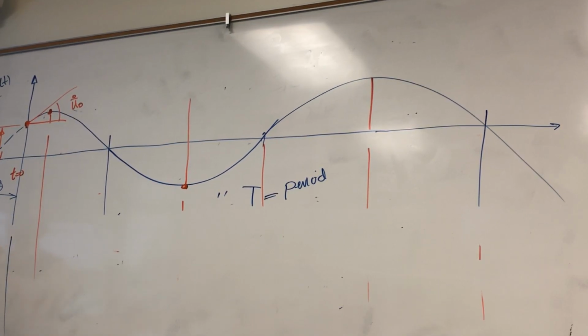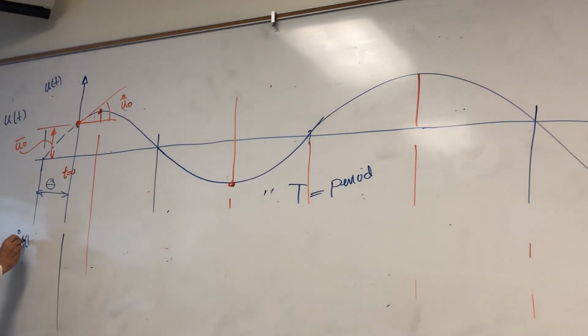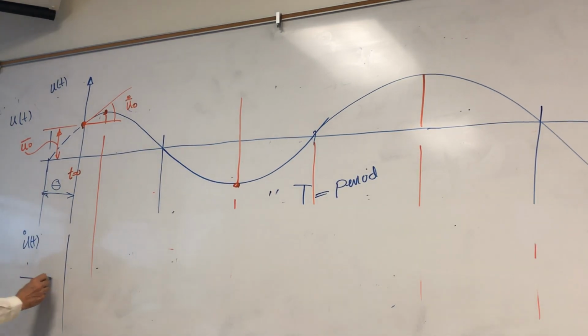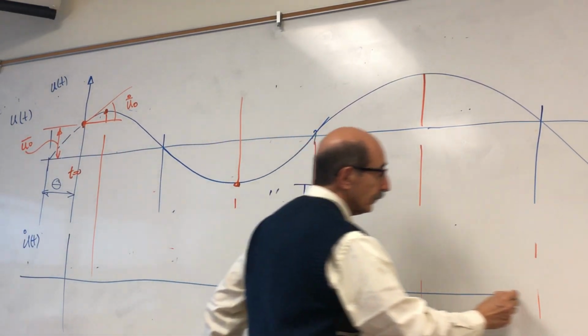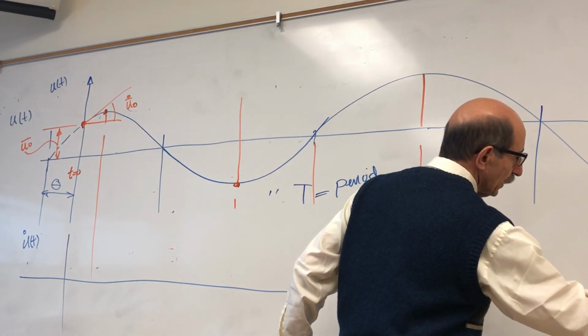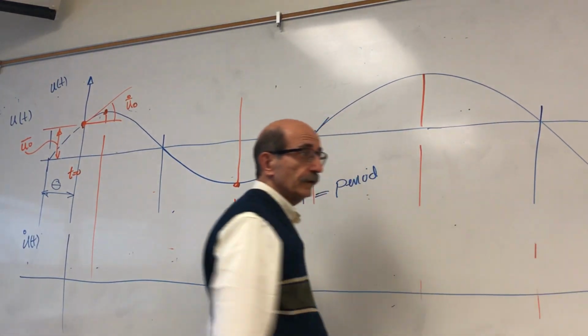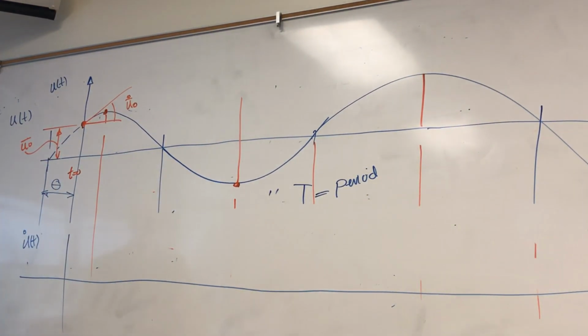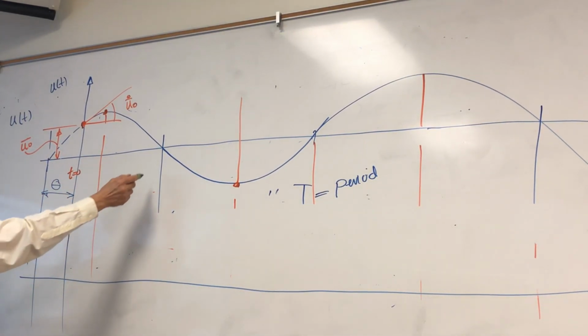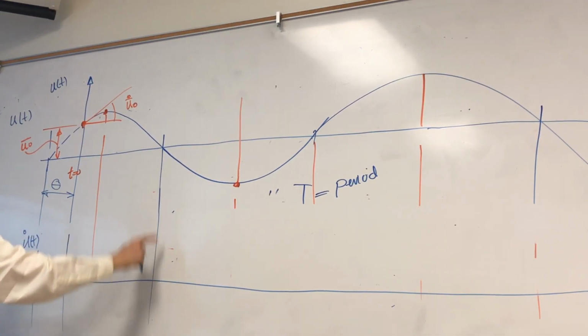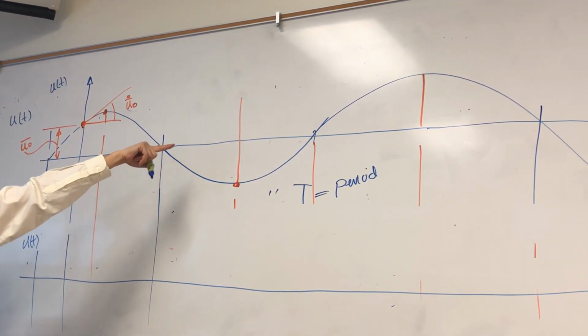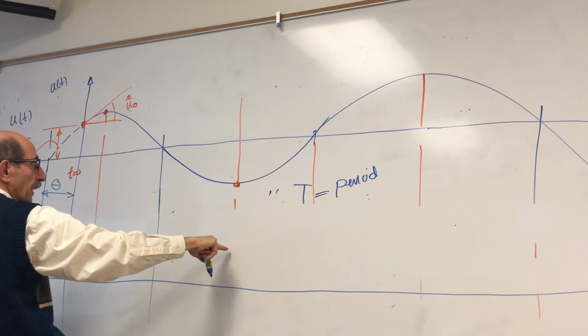So if you plot now u dot of t, it still has that phase angle, but you know that this curve would be maximum where this one is 0, and would be 0 when this one is maximum.